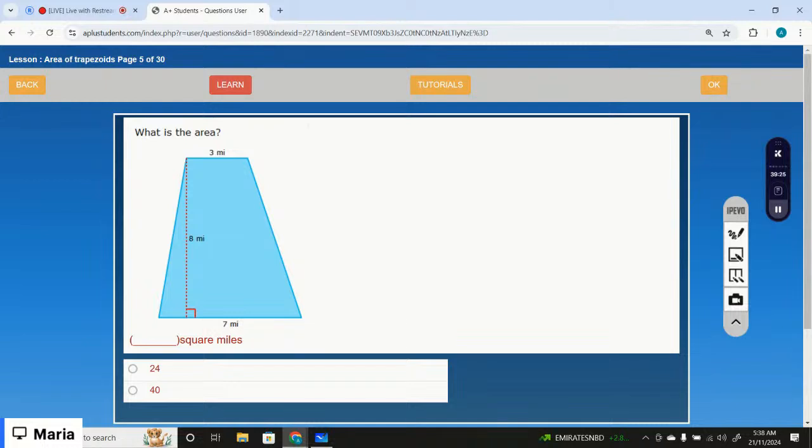What is the area, which is the correct option? You have to do half times height and the sum of both the bases. So, which is the correct option?